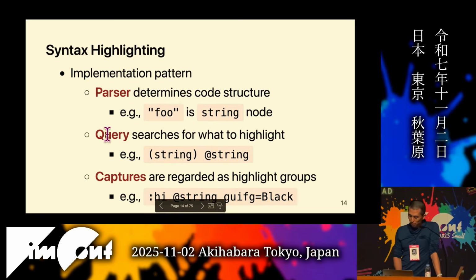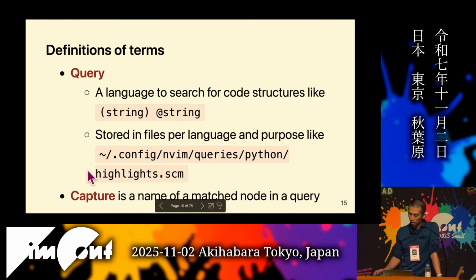I guess many people don't know what queries and captures are, so let me explain. Query is a language. Oh man, there's a new language you have to learn. It's used to search for code structures, like what we just saw, and it is stored in files per language and per purpose.